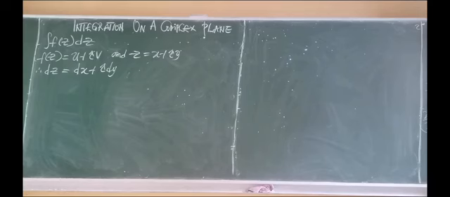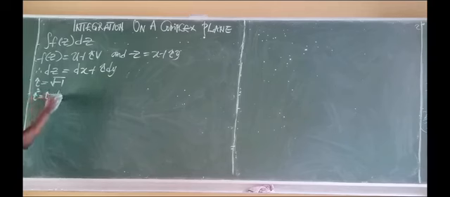Now, aside from that, another thing you need to pay attention to in carrying out integration on a complex plane is complex numbers, because in most cases you have to multiply two functions together. For instance, we know that the complex number i is mathematically given as square root of minus 1. So if I have i squared, it simply means i times i.